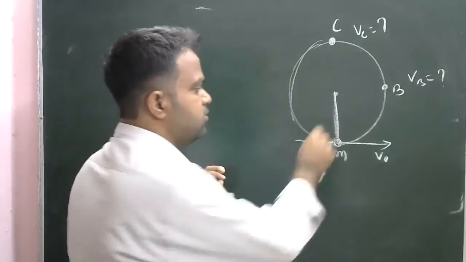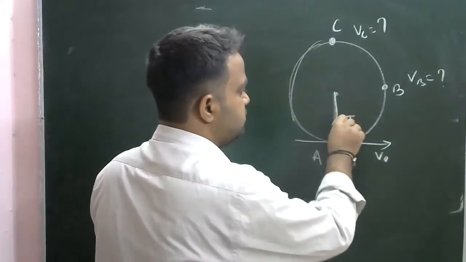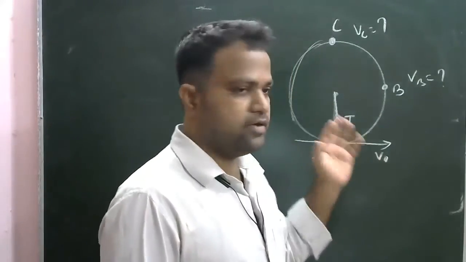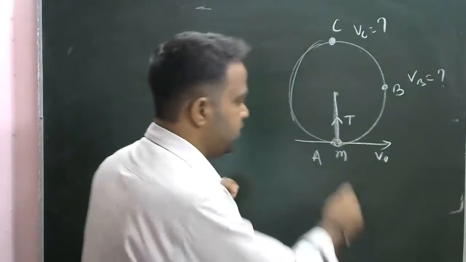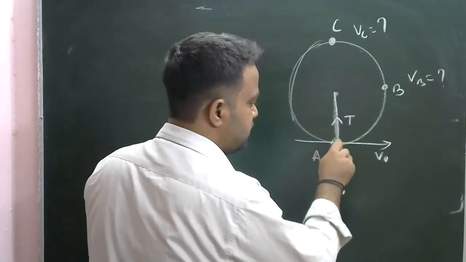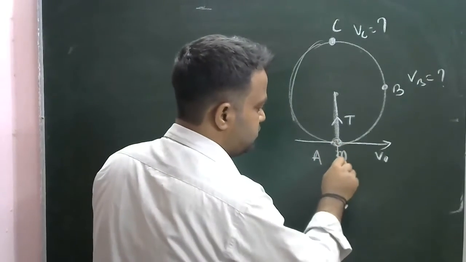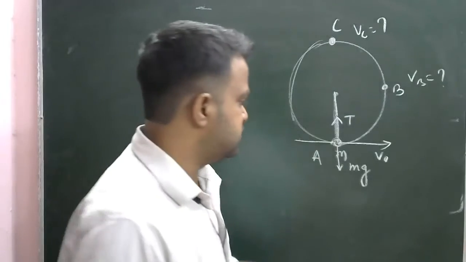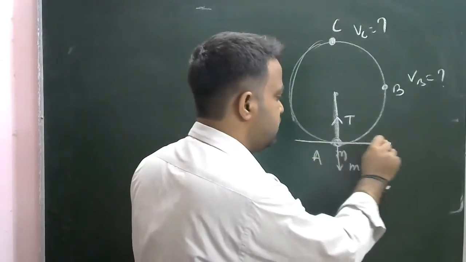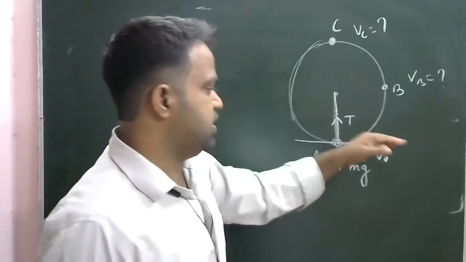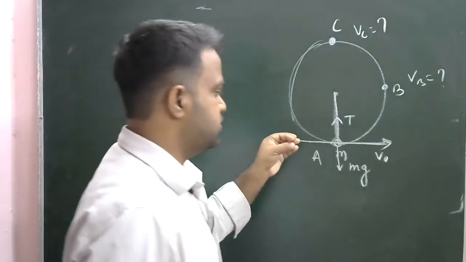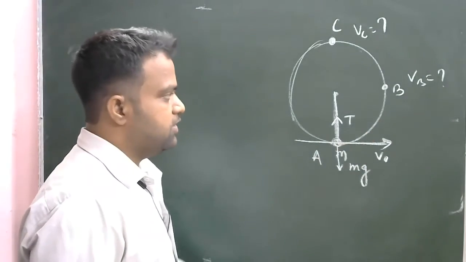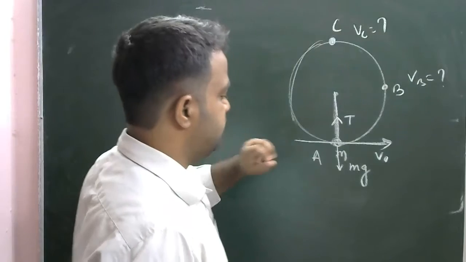It's hanging, so tension force will be there upward, and gravity is pulling it, so mg downward, of course, due to the weight of the object. Now you project it with a velocity, you strike the object with a velocity v0. Then what will be the velocity at different positions?